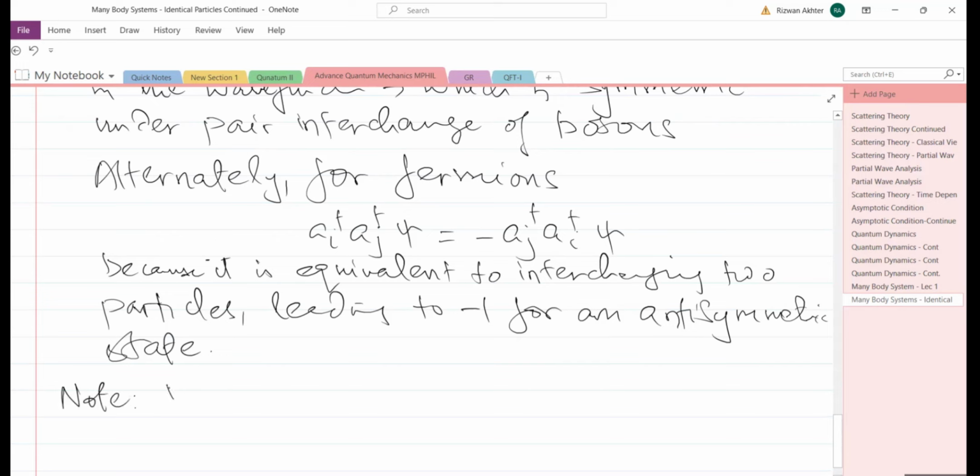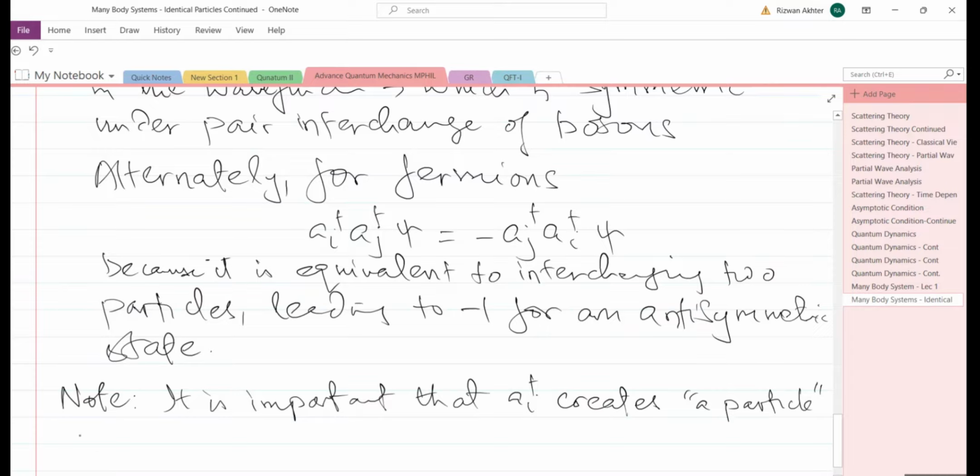It is important that A_i dagger creates a particle in state i with the correct symmetry.